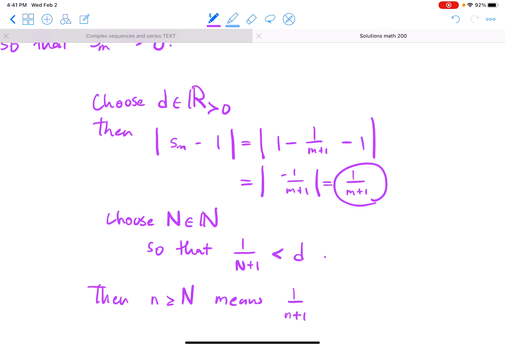I guess I was calling these m's, so maybe I'll call this m, 1 over m plus 1 is less than 1 over capital N plus 1.